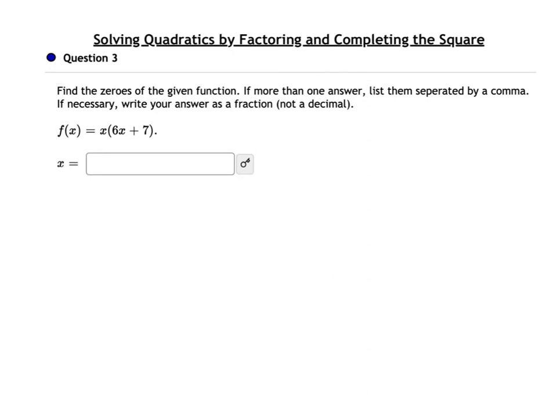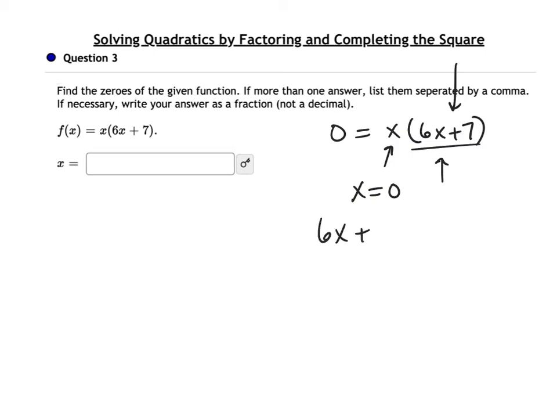Find the zeros of this function. 0 equals x times 6x plus 7. One answer is 0, x equals 0, because 0 times anything makes 0. The other answer is going to be a fraction. So what you do if you can't easily tell what value of x creates 0 is you set it equal to 0.